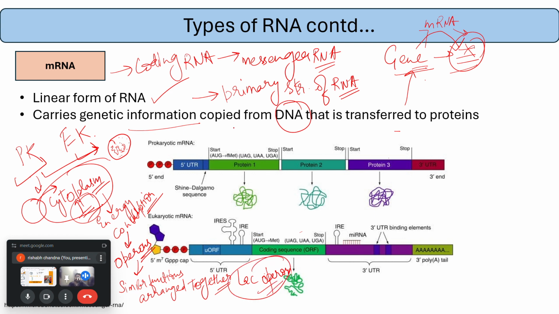Okay, so this is the particular structure of a prokaryotic mRNA, that is polycistronic. What does polycistronic mean? For example, we are stating operons. In an operon, this is the starting point, and there are many genes: gene 1, gene 2, gene 3.